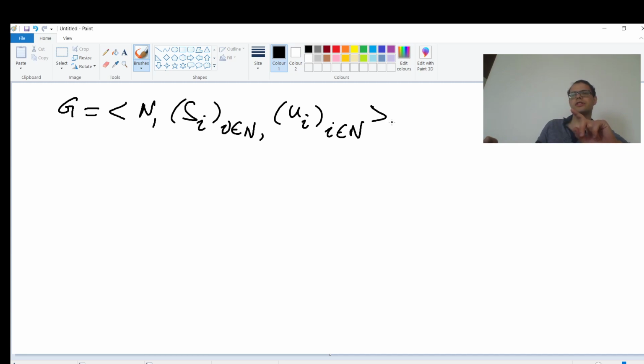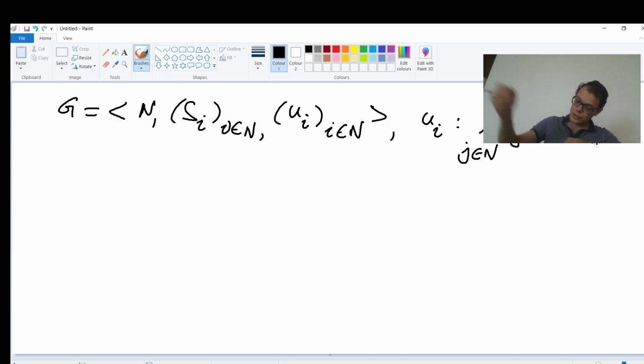Please notice that the utilities are functions from all the strategies of all the players. Play, by definition, depends, or at least it can depend, on the strategies of all the other players. That's the meaning of this being a game, because there is interaction. So utility goes from the product of all the players' S_j to the reals. Yeah, it's a very ugly R, but you understand.